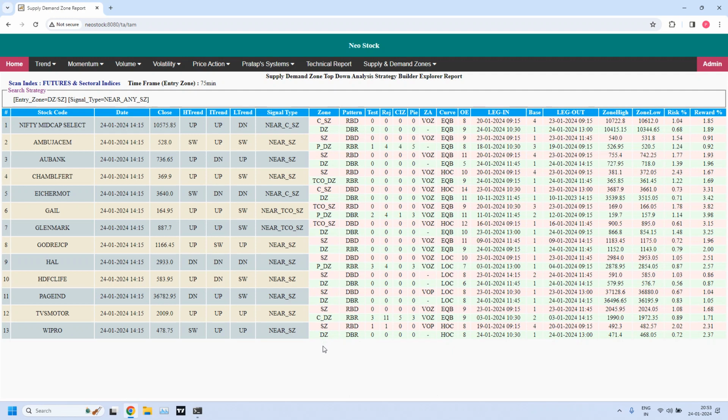So that's it. We have only one HR motor. So these are the high liquidity zones related to 75 minutes supply zone, only one we identified in 75 minutes time frame. Demand zone, 0 zones.